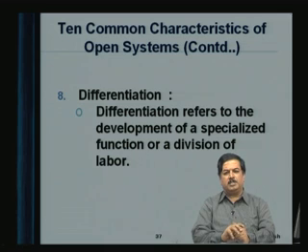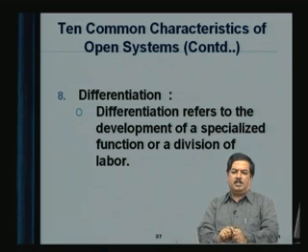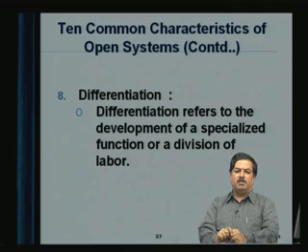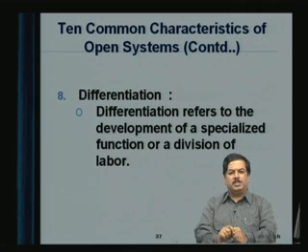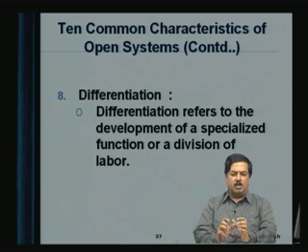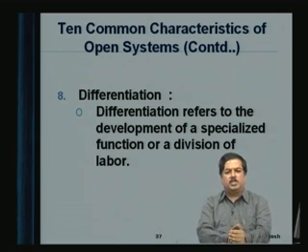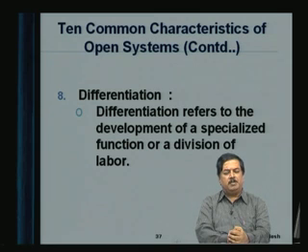Another characteristic of this open system is differentiation. It refers to the development of a specialized function or a division of labor. So as the organization takes more resources, if they are not so environmentally friendly, then they create a new group of people who will work on these new technologies.